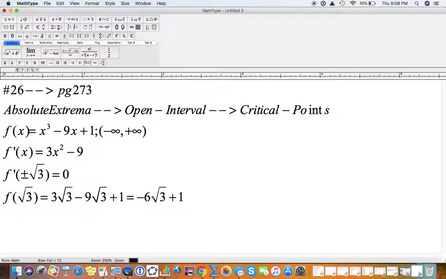I expect that to be a relative min because it's a negative number, but we will check it. I want to put down my hypothesis there.